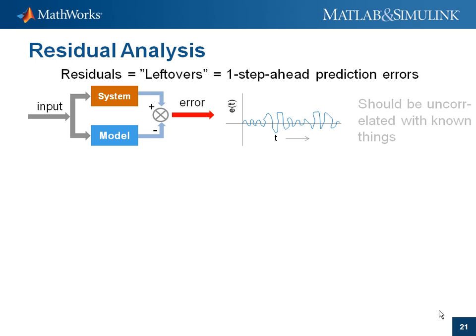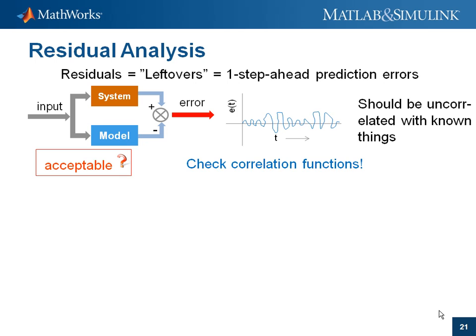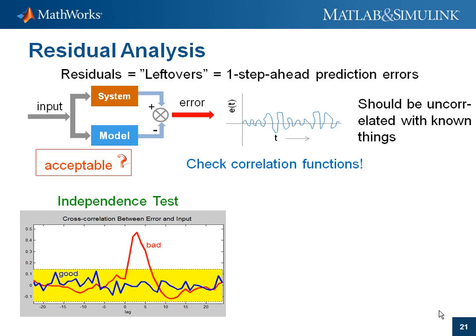They should be uncorrelated with what you knew at the time of a prediction, like past input signals. Otherwise, we should have been able to do a better prediction. So how do we know if the residuals are acceptable? We should estimate the correlation functions and see if they show significant correlation. Here we see the cross-correlation function between residuals and inputs. It should ideally be 0, but may of course show some random variations.